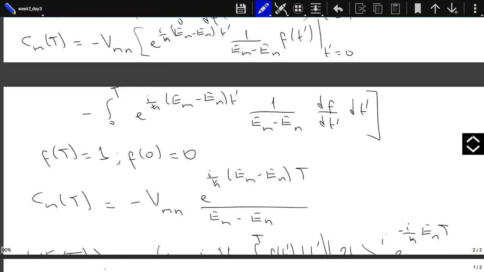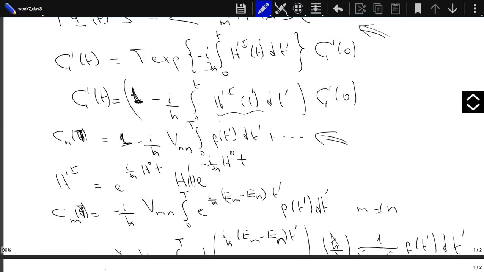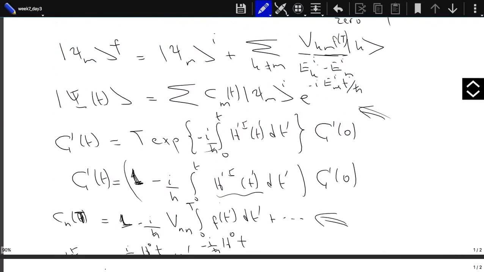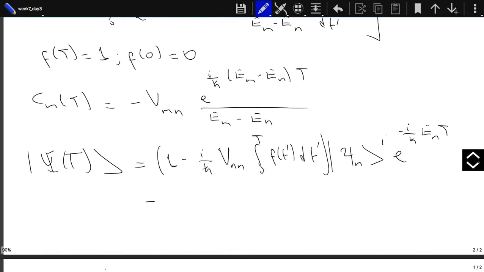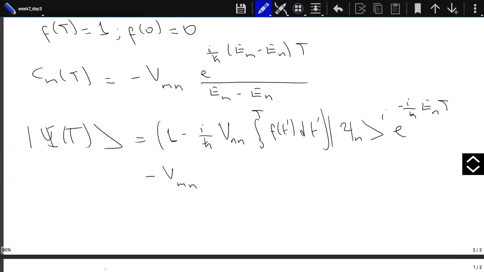Now why? Because if you look at our expansion that we started with, we have these exponential factors over here. So they are already factored out, so I have to include them now when I'm writing the full state. Minus Vmn. There will be a summation, m is different than n.